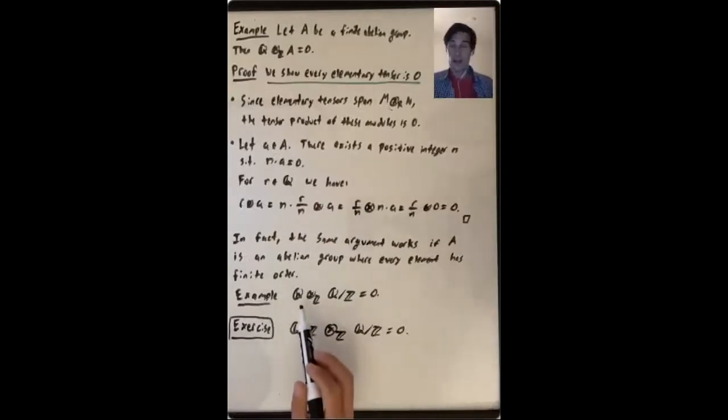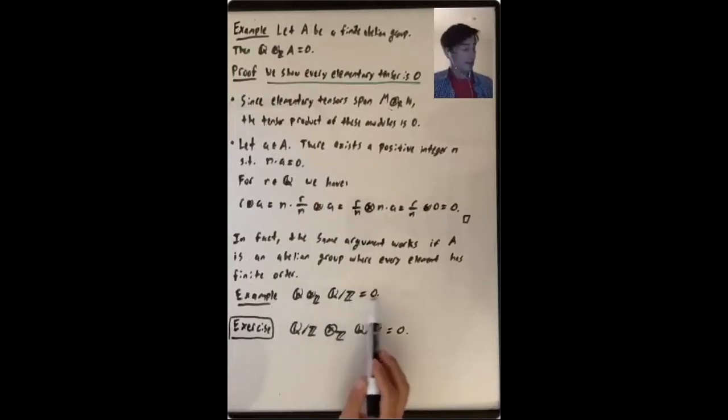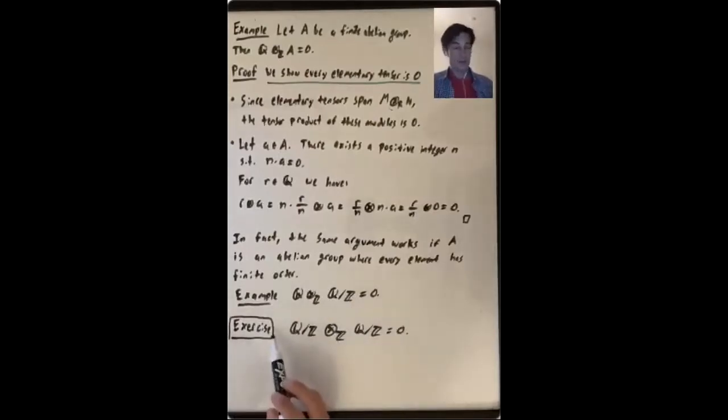Okay, another example is that Q tensor Q mod Z is also 0 because Q mod Z has this property that it's an infinite abelian group, but every element has finite order, right? Because for any rational number, there exists some positive integer so that you add it to itself that many times and you land in Z. All right, so you can do the following in a similar way.